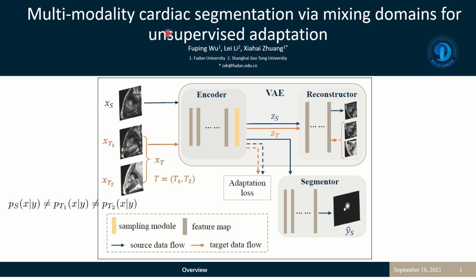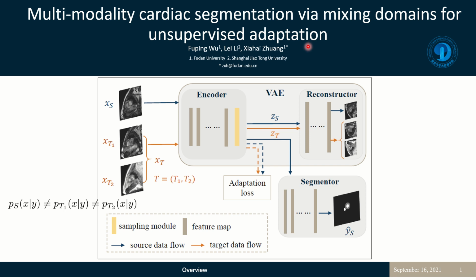Here I would like to present the details of the paper with the title Multi-modality cardiac segmentation while mixing domains for unsupervised adaptation. For domain adaptation, previous work was mainly for a single target domain with one or more source domains. However, in practice, multiple unlabeled datasets from different centers are usually available, while multi-source data are less accessible.